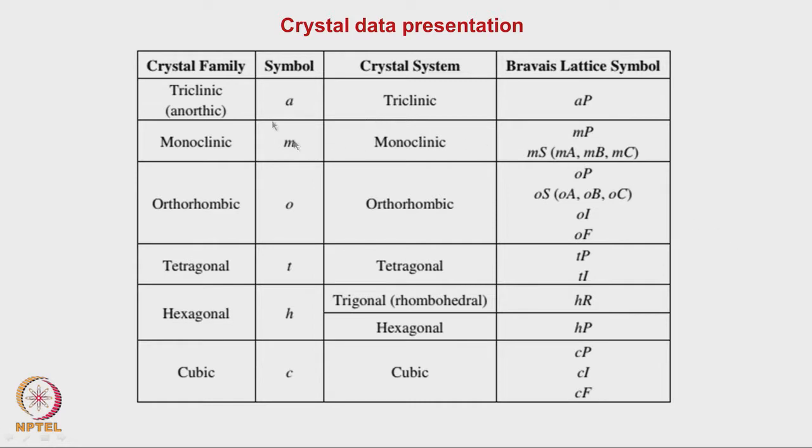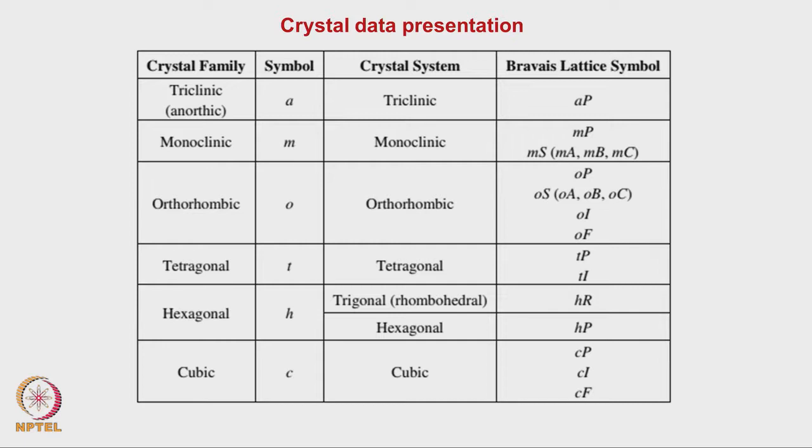For triclinic, the symbol used is aP, where P stands for primitive. If it is monoclinic, it is mP, and mS is used where it could be centered. Similarly, for orthorhombic, O is for orthorhombic and P is for primitive, oI is orthorhombic body centered, and oF is orthorhombic face centered.